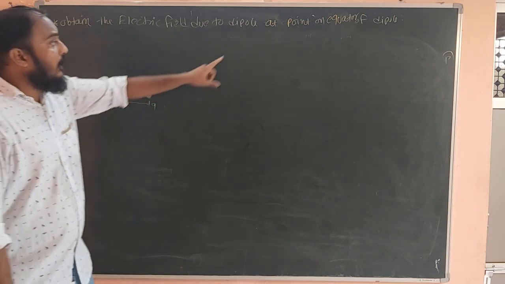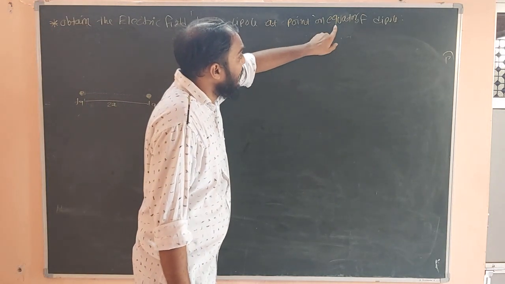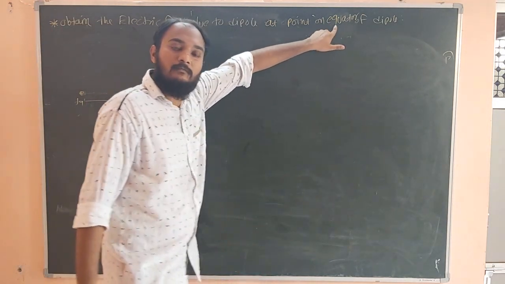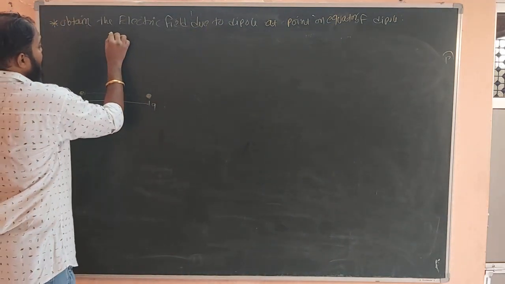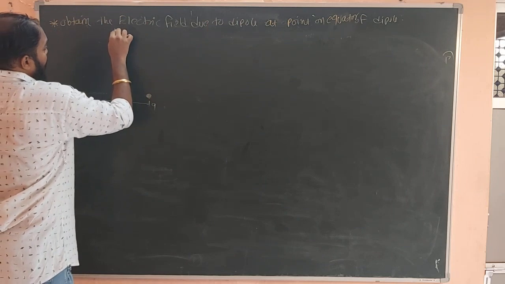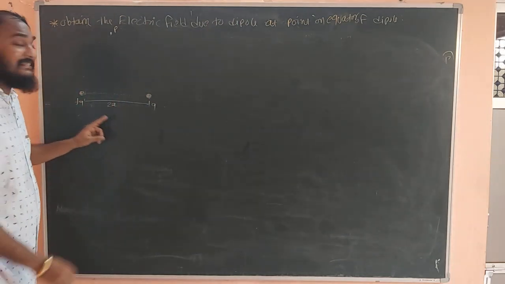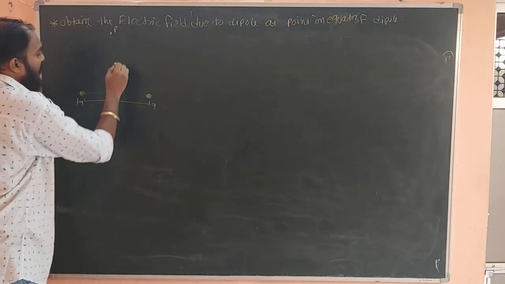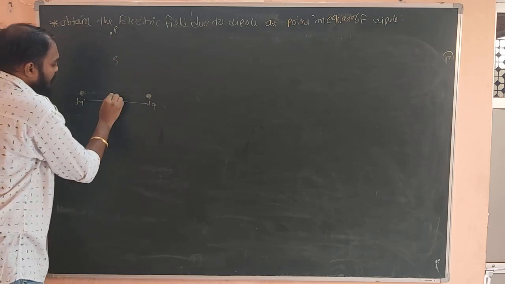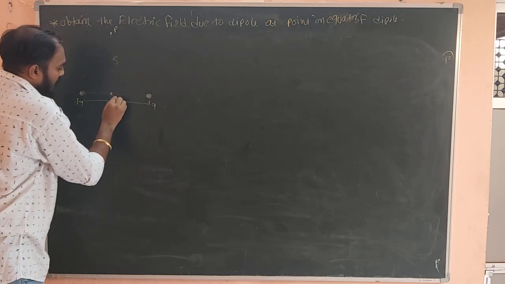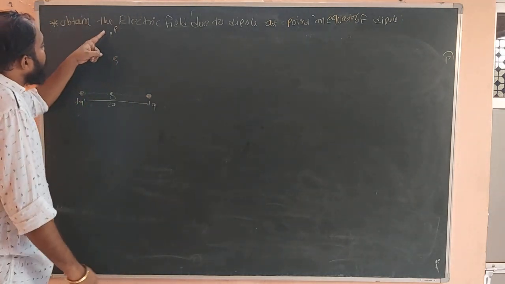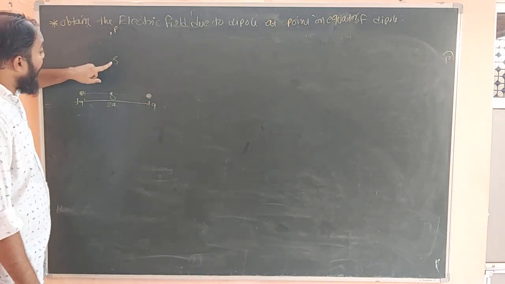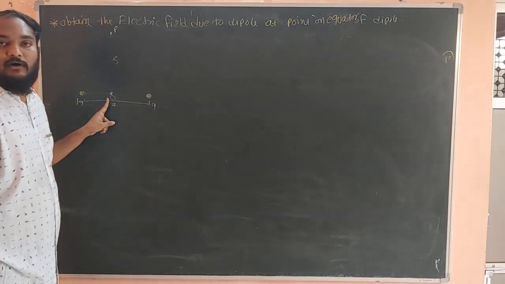Now I want the electric field on the equator of a dipole. So we'll suppose there is a point P at a distance r from the center of the dipole O. Once again, we will suppose a point P at a distance r from the center of a dipole.